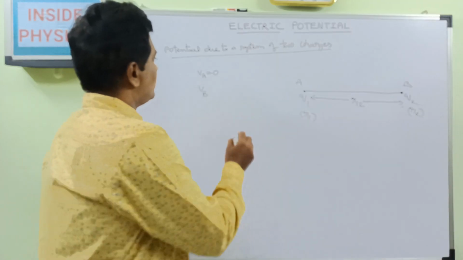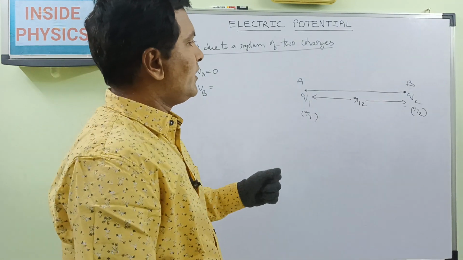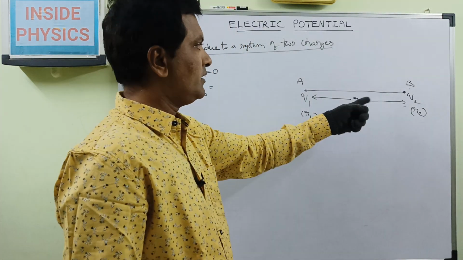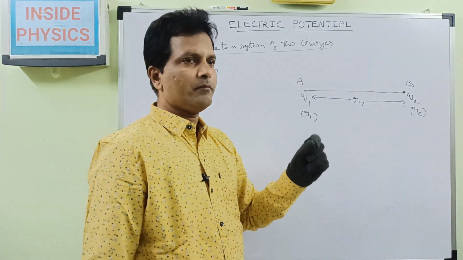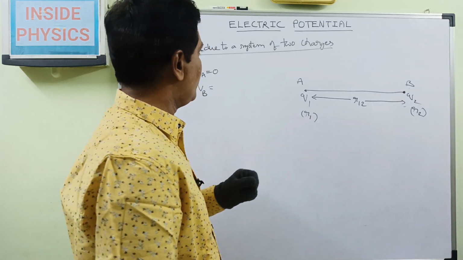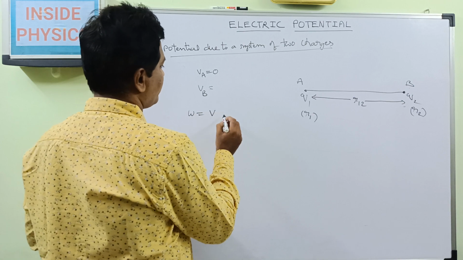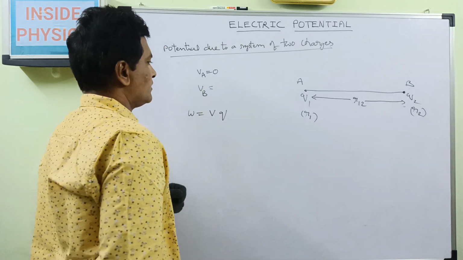Here the work done to move this charge from infinity to this point will be, what is the formula we need to use? W is equal to potential difference into charge.